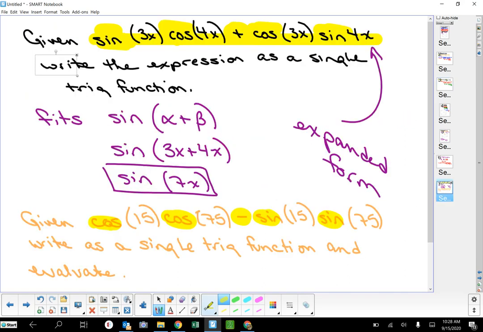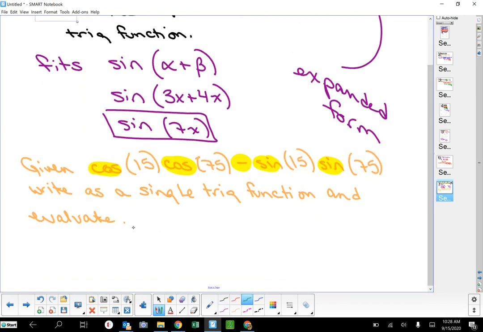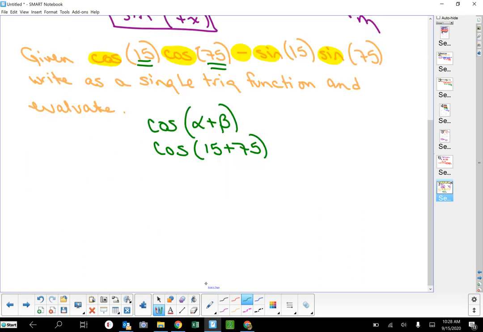So let's go back here. Get a pen. And we're looking at cosine alpha plus beta. In this case, my alpha and beta are these two values, which means I'm looking at cosine of 90.